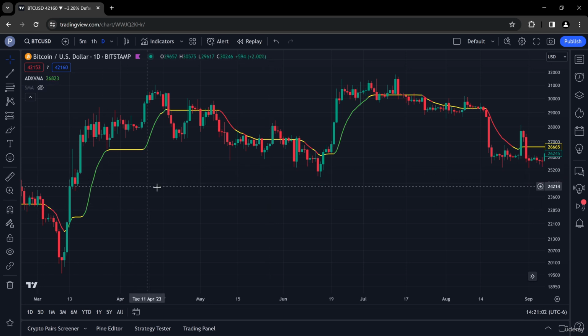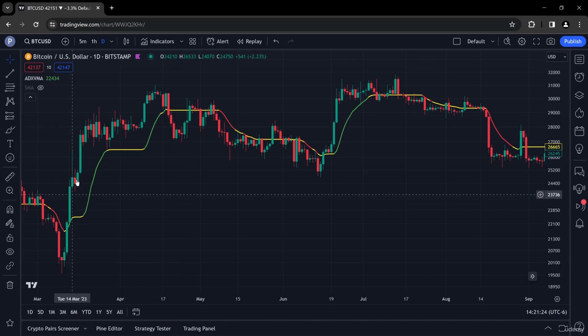As I just said, this indicator is looking like a moving average indicator, but it is a very specific moving average because it reacts to the volatility of the price and changes its behavior.